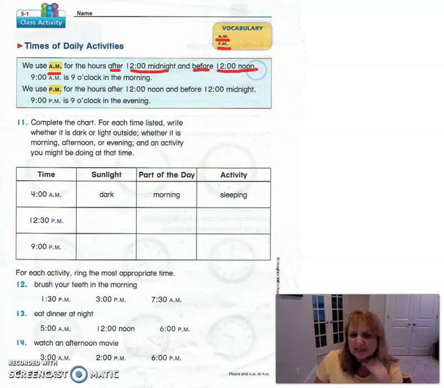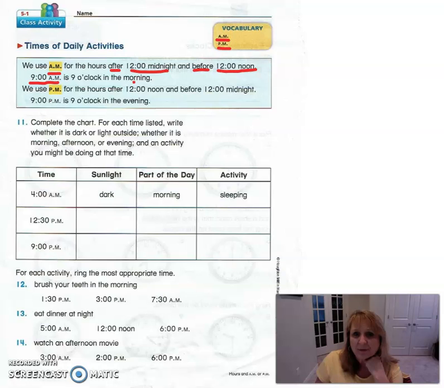And the reason that gets a little tricky is because midnight is the middle of the night. It's dark outside. And so sometimes we want to say that it's PM, it's nighttime, but really anything after midnight is called AM. So 9 a.m. means 9 o'clock in the morning.